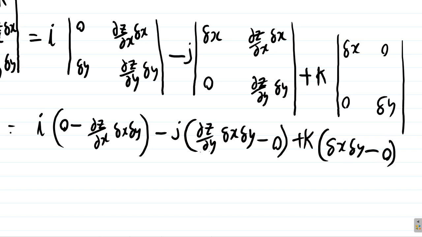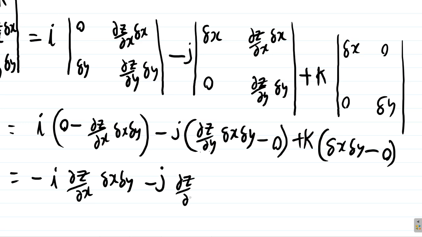So this is equal to negative I delta z by delta x times changing x, changing y, minus j delta z by delta y, changing x, changing y, plus k delta x, changing x, changing y.